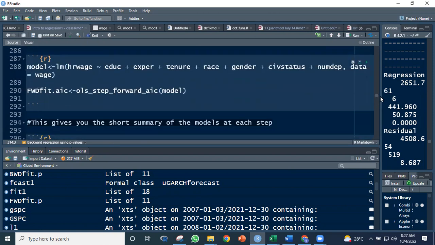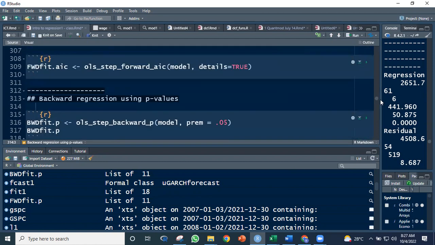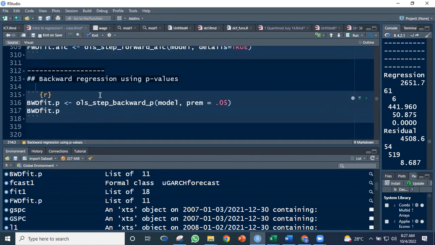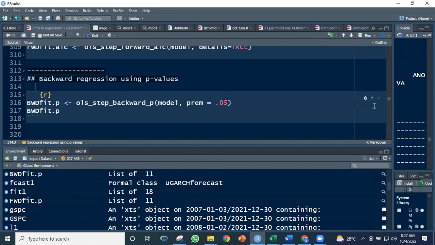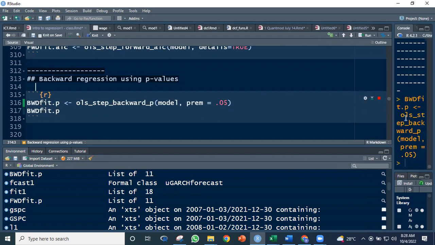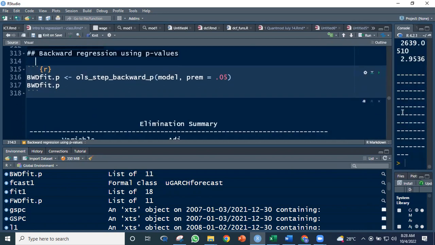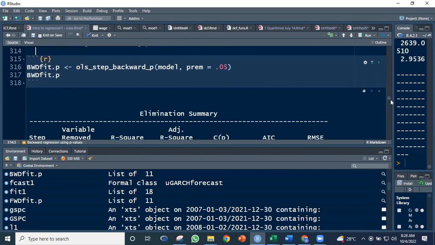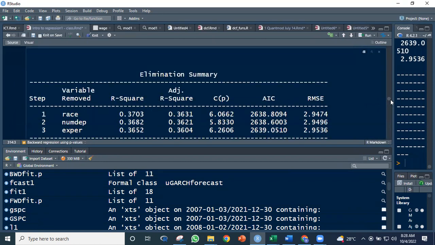Wait. Is the backward correct? With backward, we start with all the variables and then remove one at a time. But why is only race being removed for me? So, let me run this again. Elimination summary.